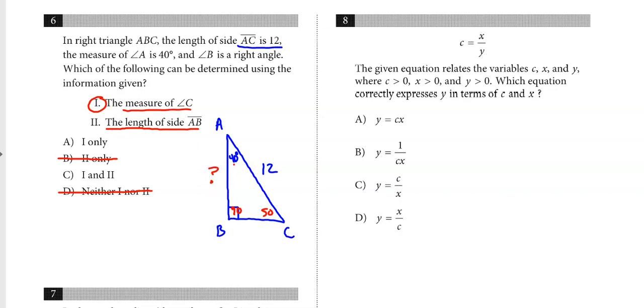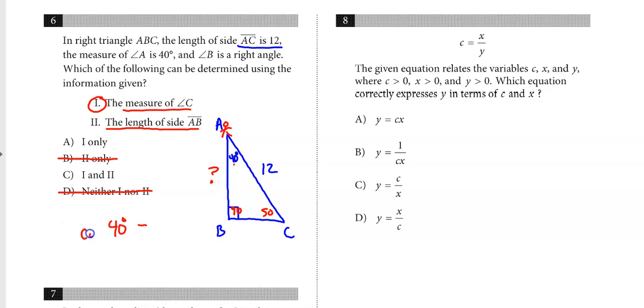We could actually use SOHCAHTOA here. I'm not going to go into a whole trig lesson, but standing on angle A, which was 40 degrees, this is my reference point. Sine is opposite... actually, on this one I would use cosine, excuse me.